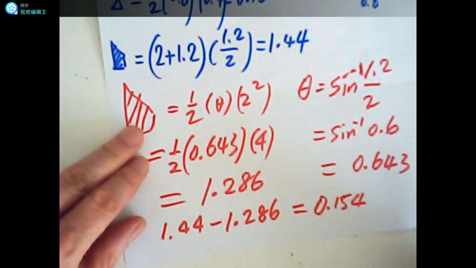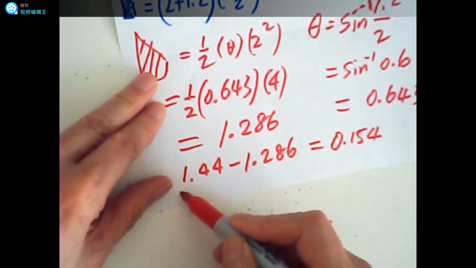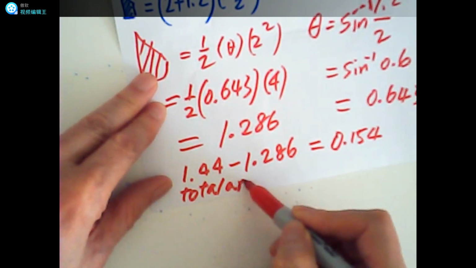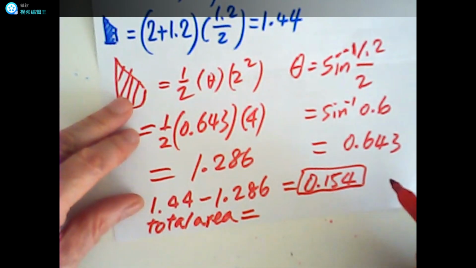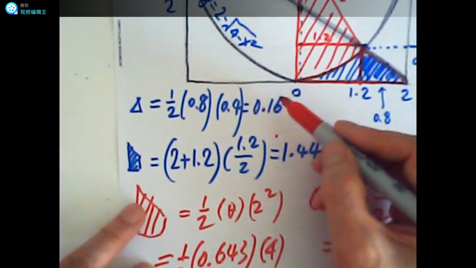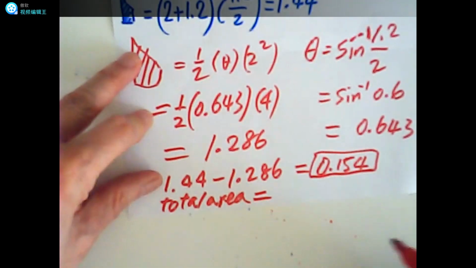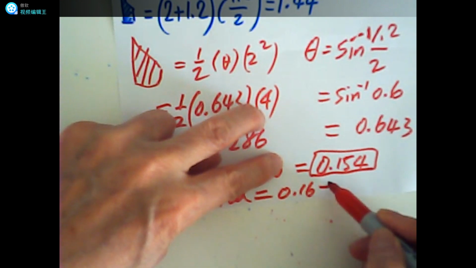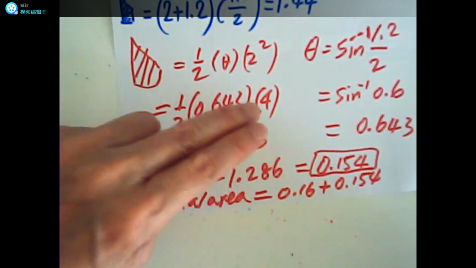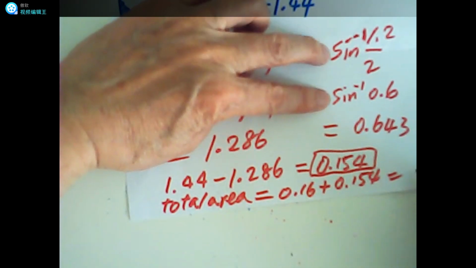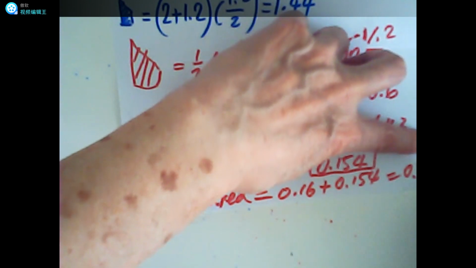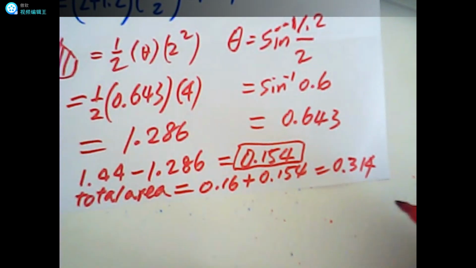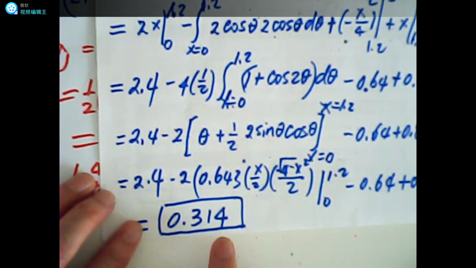Therefore, the overall area, total area is equal to this plus this triangle, right? Yeah. So 0.16 plus 0.154 is equal to 0.314. Yeah, that is the answer we got from the integration.